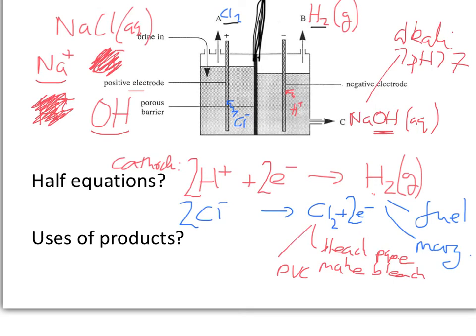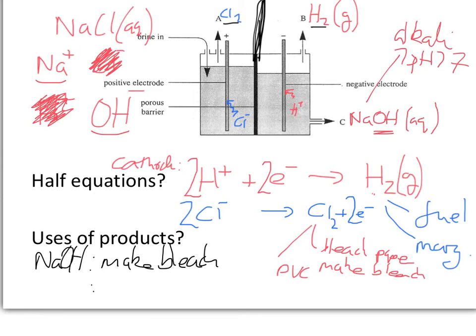So not only does this process produce hydrogen, it produces chlorine, it also produces sodium hydroxide, and sodium hydroxide is also incredibly useful. Sodium hydroxide can be used also to make bleach. So what companies do is they take the sodium hydroxide and they react it with the chlorine that you produce here to make bleach.